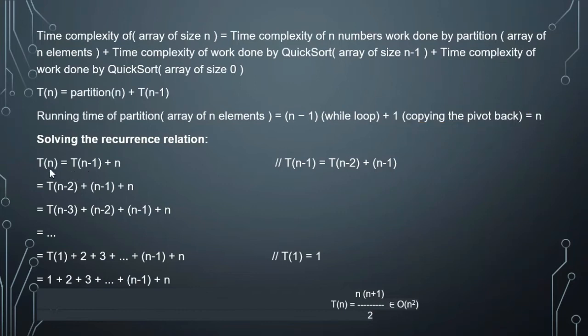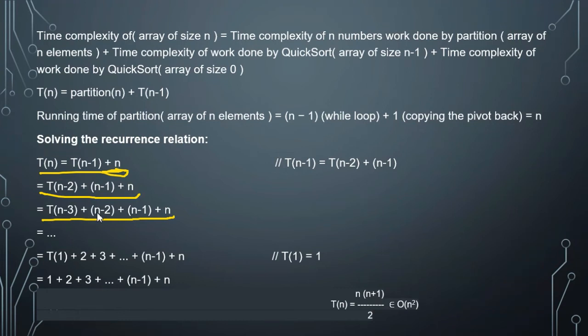Solving this technique, we see that the time complexity of the first partition is T(n minus 1) plus n, and the second partition will be T(n minus 2) plus n minus 1 plus n, and the third partition goes on, the values adding.